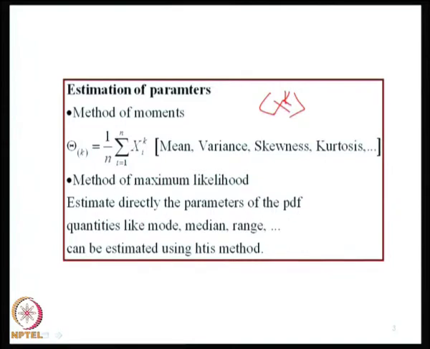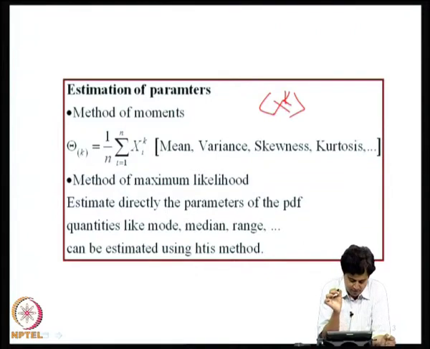Here the parameters themselves need not be one of these moments, they will be related to these moments, but they may not be directly those quantities. Similarly, quantities like mode, median, range, etc. cannot be estimated using method of moments. So, the maximum likelihood estimation method helps us to address some of these issues.